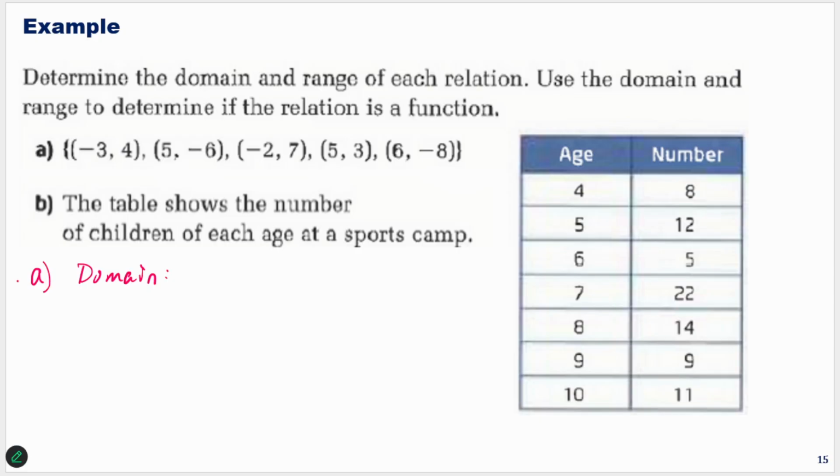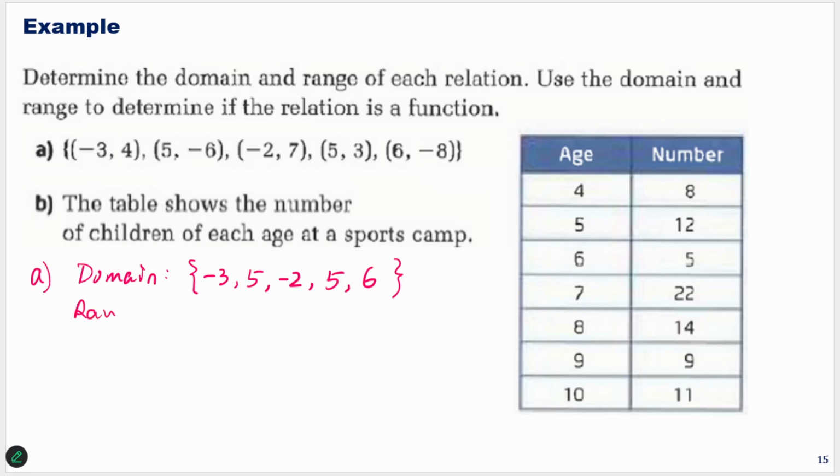So usually we don't say from to, because from to means every point in that interval. So we say it's a set that contains 5 numbers, which are -3, 5, -2, 5, and 6, separated by commas.